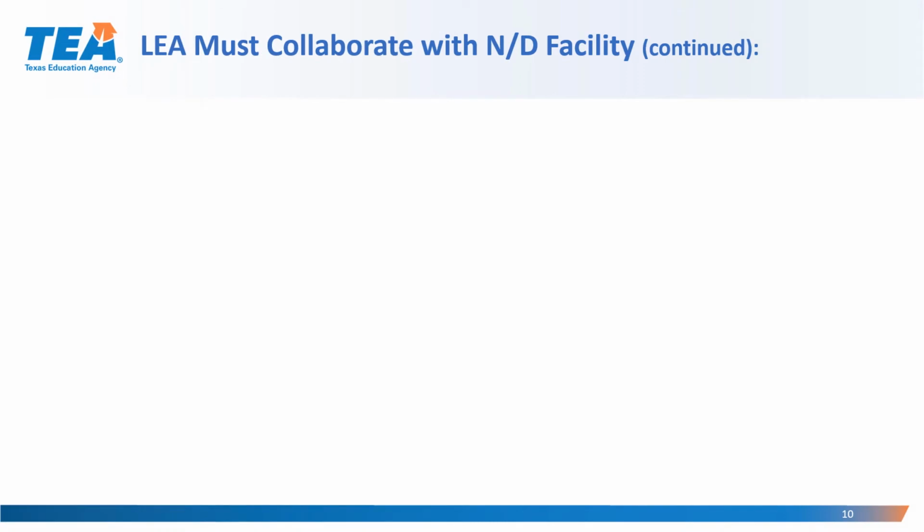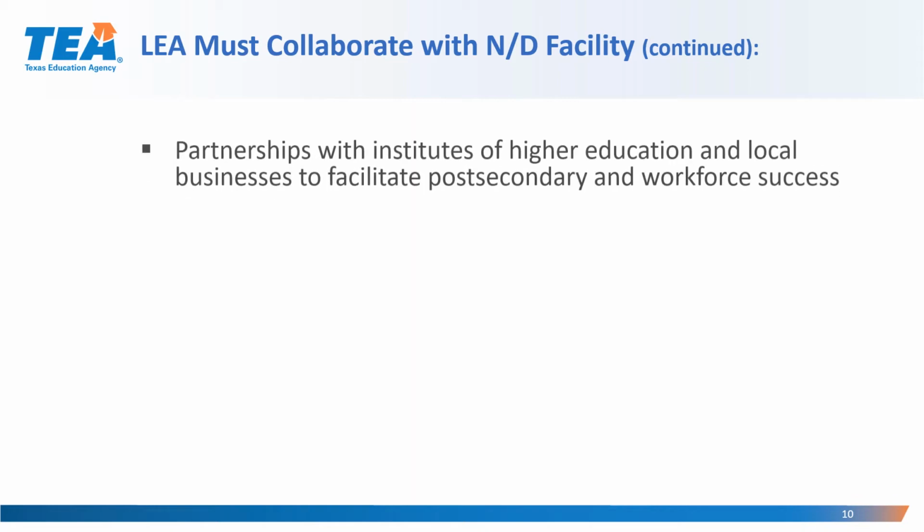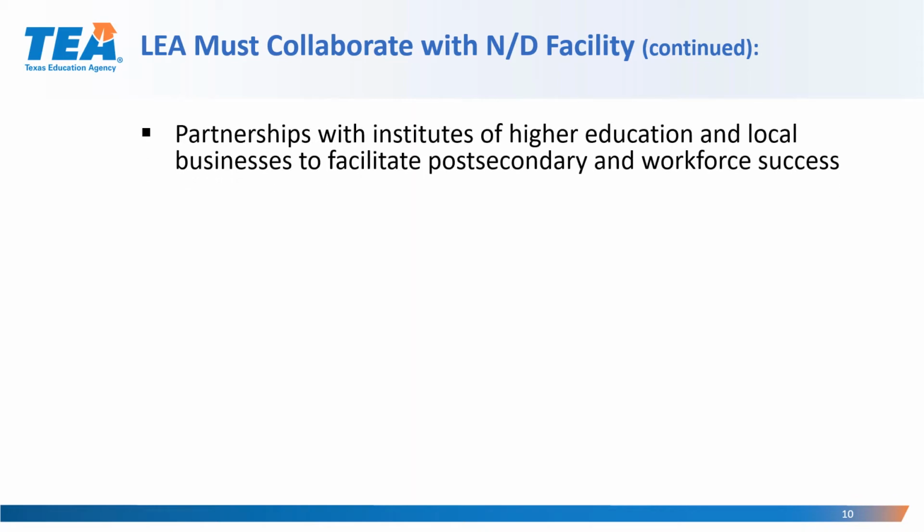To continue, an LEA must collaborate with the neglected and delinquent facility to also provide partnerships of institutes of higher education and local businesses which facilitate post-secondary and workforce success for those children and youth returning from correctional facilities, such as credit-bearing coursework, enrollment in post-secondary education, participation in career and technical education, and mentoring services.